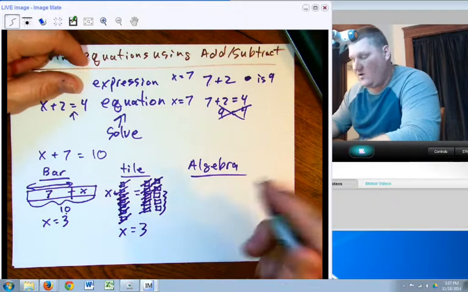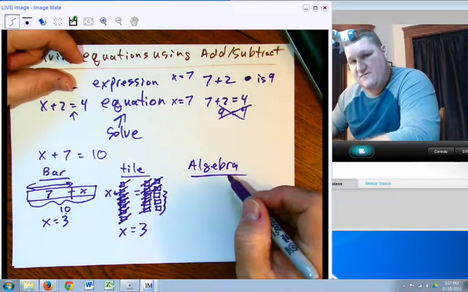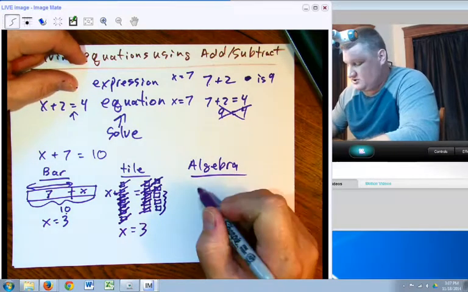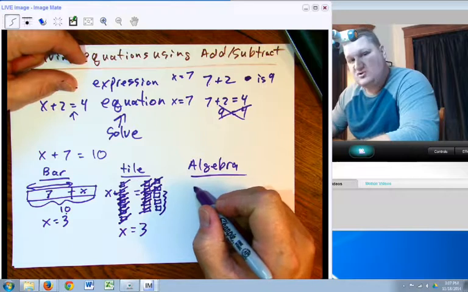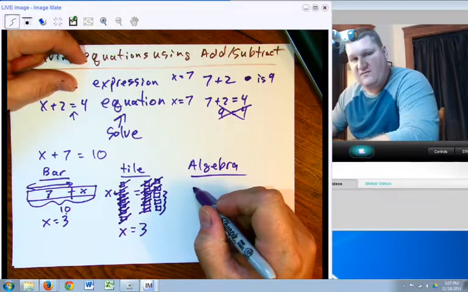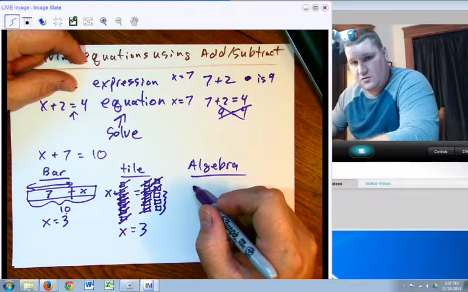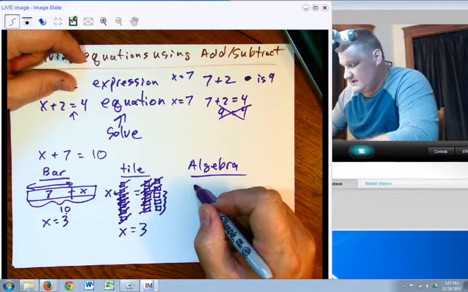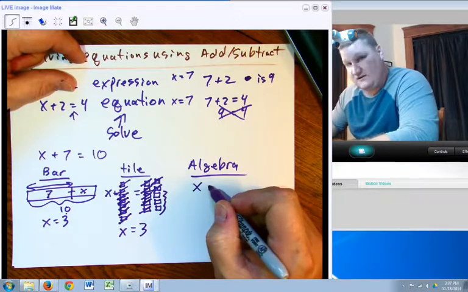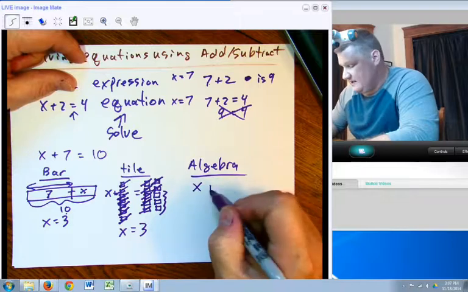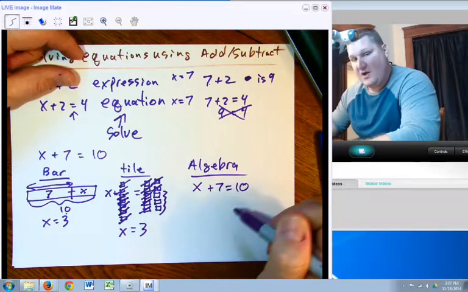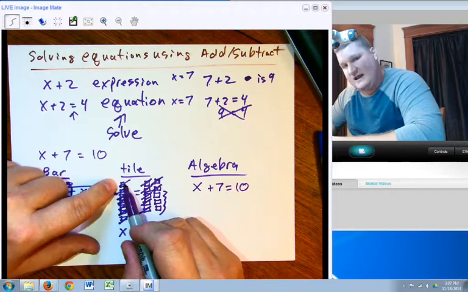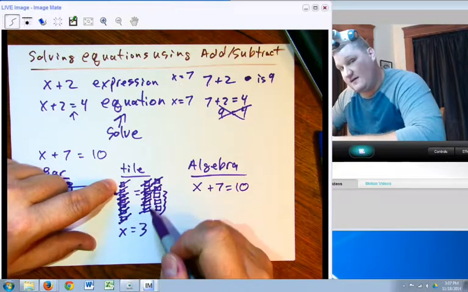So that's all fine and dandy, but what we're really headed for was algebra. And algebra is simply using letters as variables, letters as placeholders in equations and expressions. Now, in this case, algebra, our x is our letter, plus 7 equals 10. Well, over here, I got rid of 7 off this side and 7 off this side.